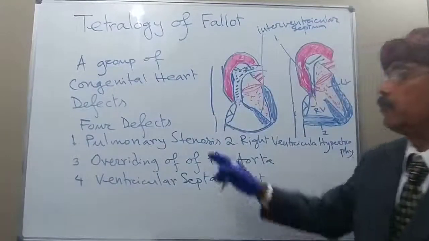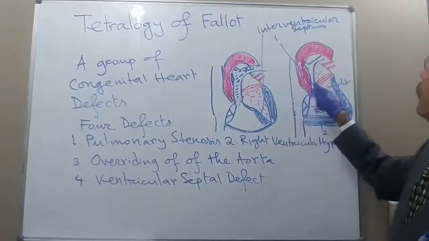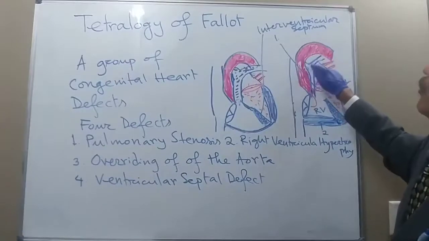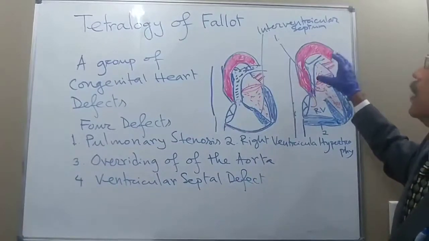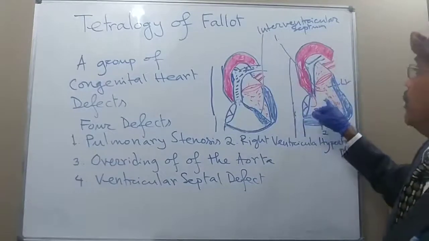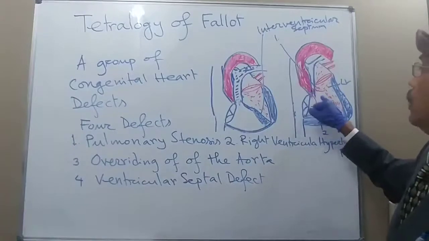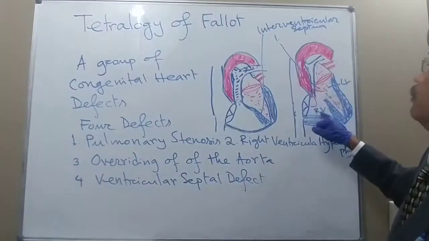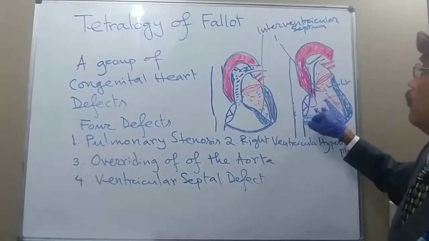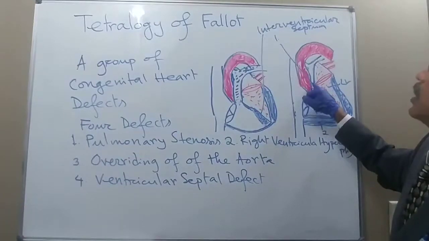Again, let us summarize. Pulmonary stenosis: the pulmonary trunk is stenosed, so the left and right pulmonary arteries are also affected, and the lungs get less blood supply. And there is a ventricular septal defect, so blood from the right ventricle goes to the left ventricle, because right ventricular blood faces a lot of resistance going through the stenosed pulmonary trunk.